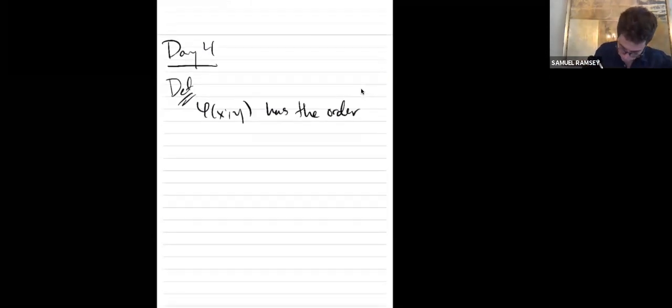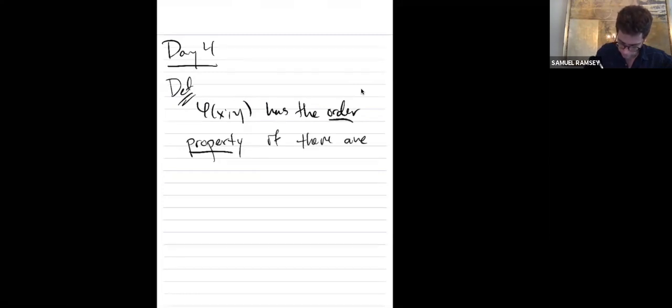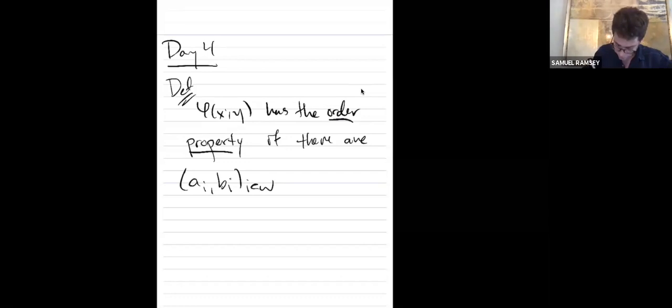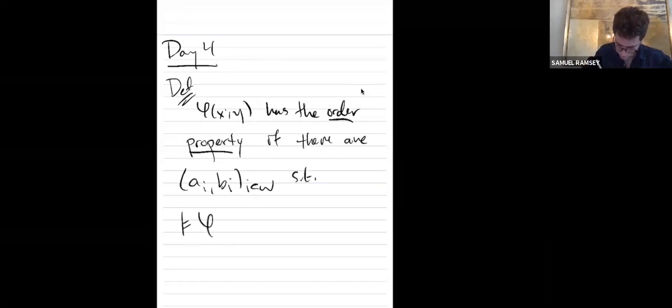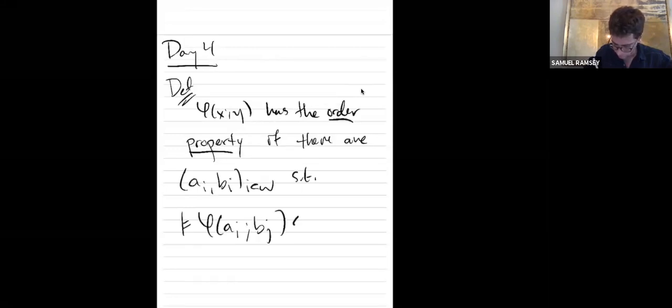Phi has the order property if there are a_i, b_i, i less than omega, such that phi(a_i, b_j) is satisfied if and only if i is less than or equal to j.